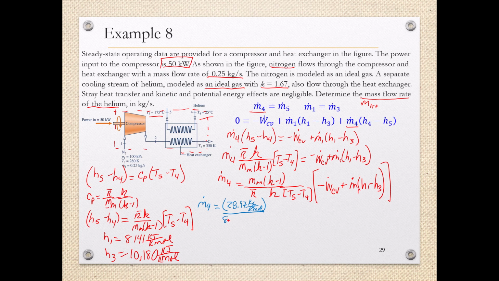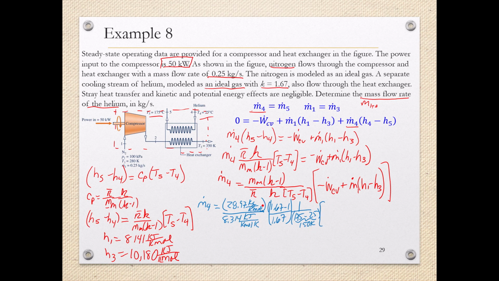Universal gas constant, we have 1.67 minus 1. And remember, the difference in Celsius is the same as the difference in Kelvin. So 175 minus 25 is 150 Kelvin.